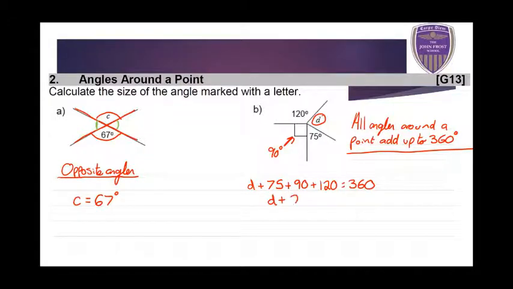So D plus 285 equals 360. Rearrange it. So we get D is equal to 360 take away 285. So D is equal to 75 degrees. Okay, so pause the video, write down any notes that you weren't aware of, and copy the final answers down, please.